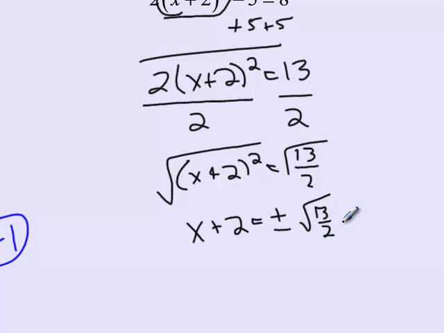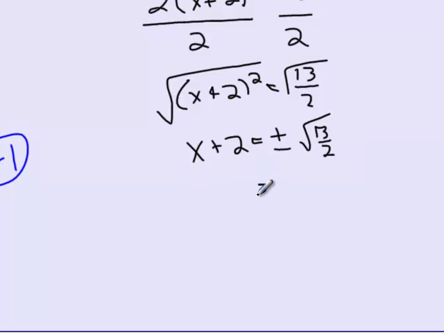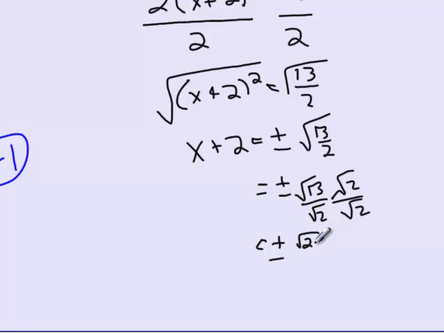Now we can't have a fraction in the radical, so we have to split that up. It's going to be plus or minus the square root of 13 over the square root of 2. I can't have that radical in the denominator, so I'm going to multiply by the square root of 2 over the square root of 2. And that's going to give me plus or minus the square root of 26 over 2.